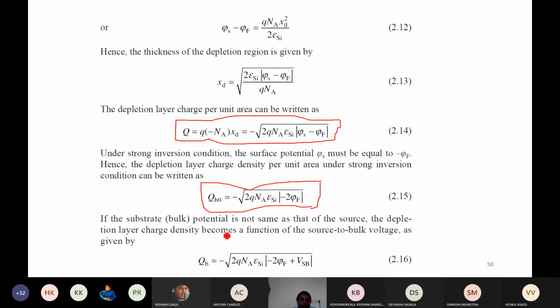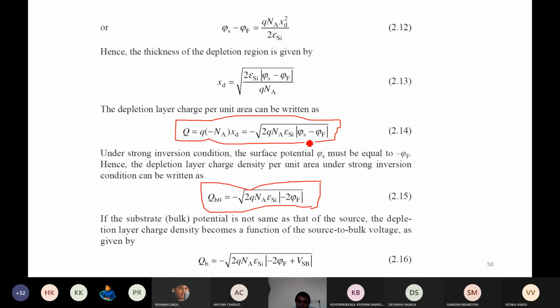Also, if the bulk potential is not the same as that of the source, like the body is at a different potential, then we should modify this. Initially we are calculating only assuming that the bulk potential is 0, our body is grounded. But if we also want to see the effect of body voltage, so if it is not at the same voltage as the source, which is generally grounded, but the body also has some voltage, then the depletion layer charge density must be a function of source to bulk voltage also.